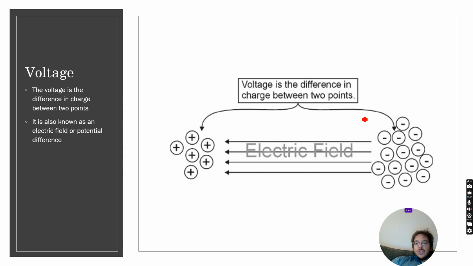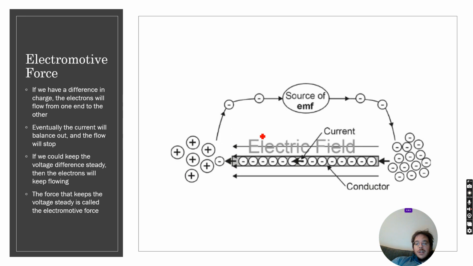And so the difference in charge between two spots is our voltage. It's also known as our potential difference, or potential. Now, when we have a system where there's a difference in charge, then the electrons will be attracted to the other side and they'll want to flow, and eventually they'll balance out.